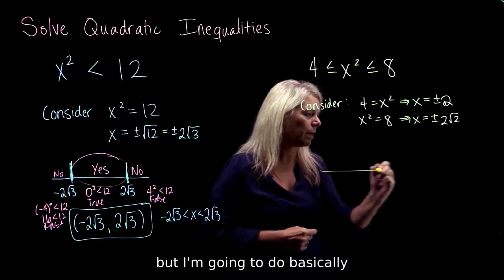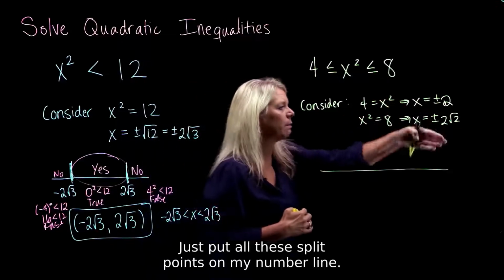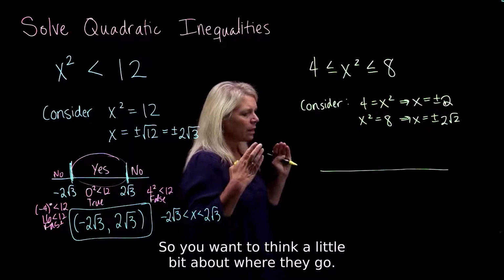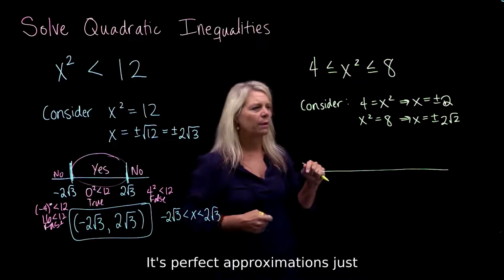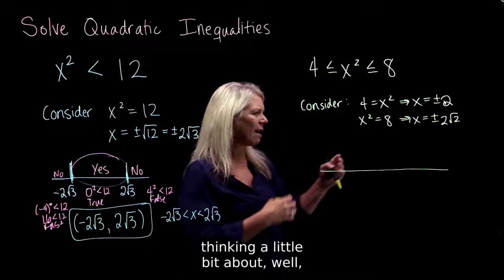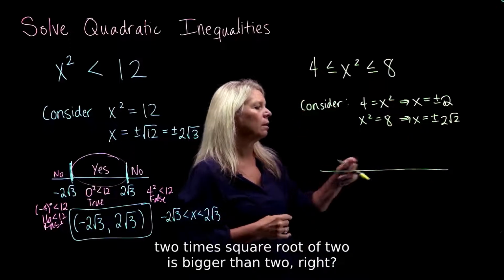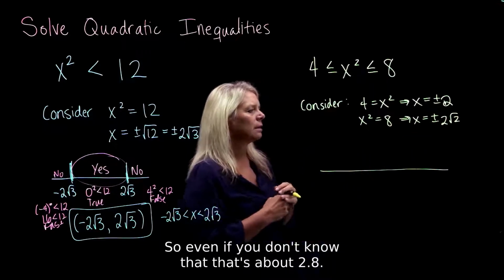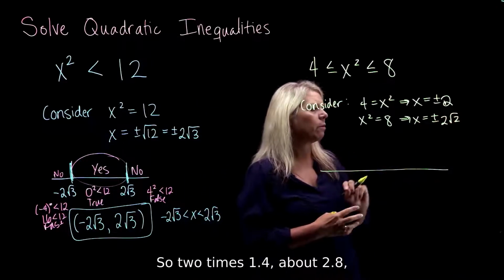more complicated, but I'm going to do basically the same strategy I did before, just put all these split points on my number line. So you want to think a little bit about where they go. You don't necessarily need a calculator or perfect approximations, just thinking a little bit about, well, 2 times square root of 2 is bigger than 2, right? So even if you don't know that that's about 2.8, square root of 2 is about 1.4, so 2 times 1.4, about 2.8.